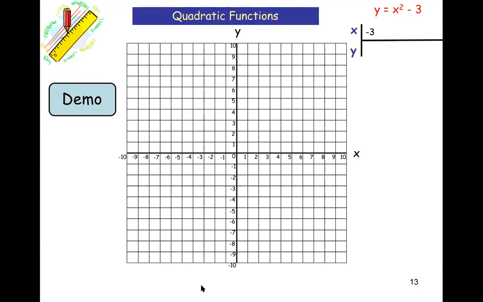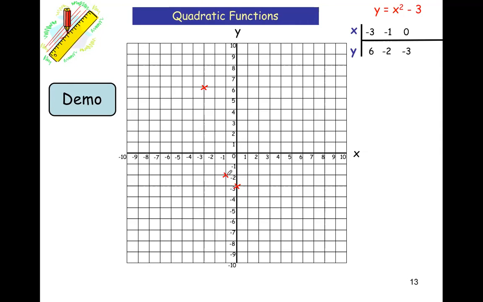I'm going to start putting our points. -3 times -3 is 9. 9 minus 3 is 6. That's our first point, -3 and 6. Then the next point would be -1. 1 minus 3 becomes -2. So you can see the second point appearing at -1, -2 on y. The next one is when x equals 0.